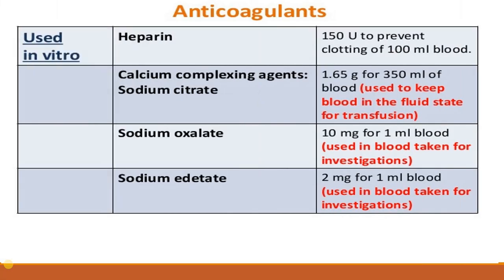Next, anticoagulants used in vitro, first heparin. Heparin we mostly use whenever we take a sample. Which sample do we take where we use heparin at that time? Do you have any idea? ABG. Whenever we take ABG, arterial blood gas, at that time we flush the needle with heparin.